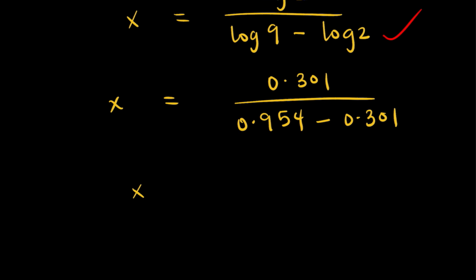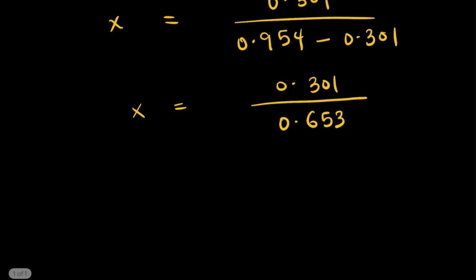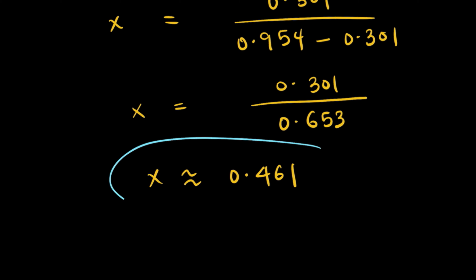Then x is going to be 0.301 divided by 0.954 minus 0.301, which would give us approximately 0.653. And then we can get an approximate value for x, which would be approximately 0.461. This would then be our final answer to this problem.